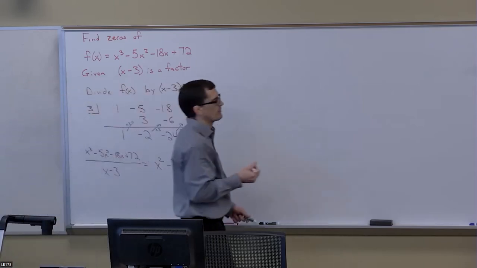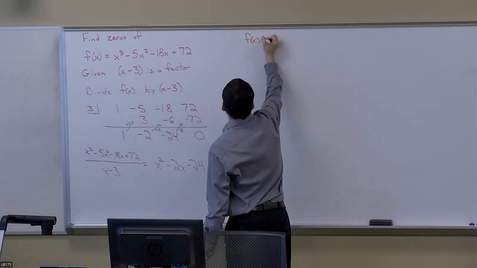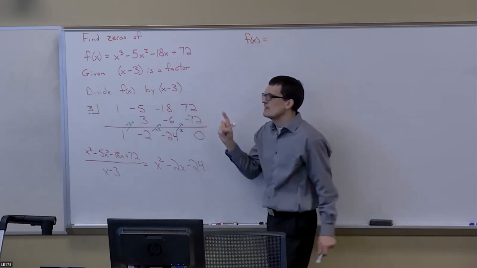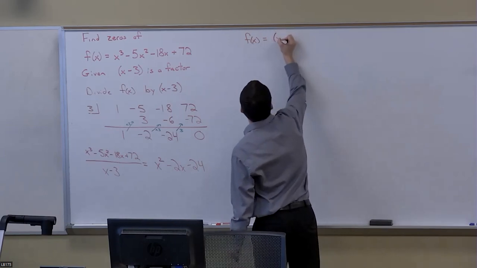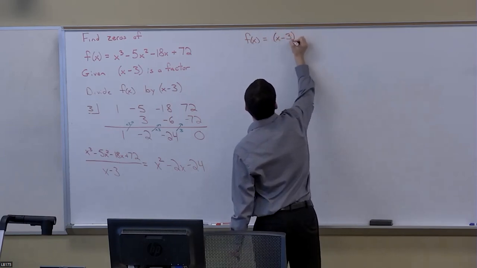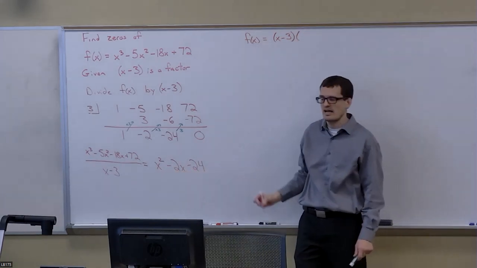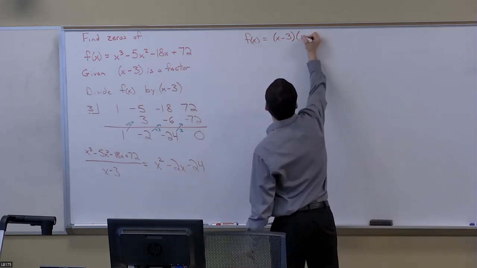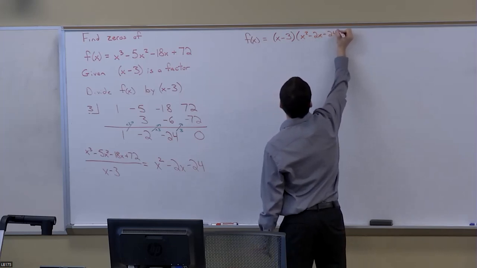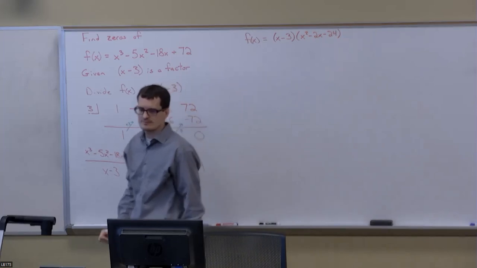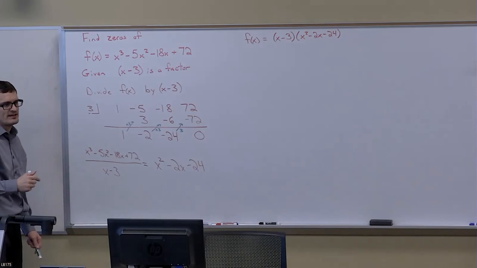But how I'm going to write it is this: my original f of x can be factored into a product of x minus 3 times this quotient, x squared minus 2x minus 24. That's the more beneficial way to write that.